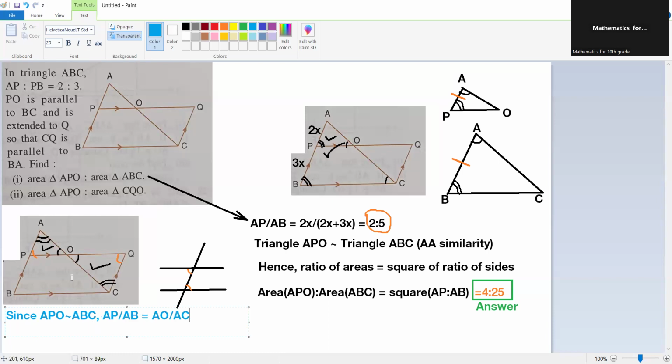Because these two triangles are similar, the ratio of corresponding sides would be the same. AP by AB is equal to AO by AC.